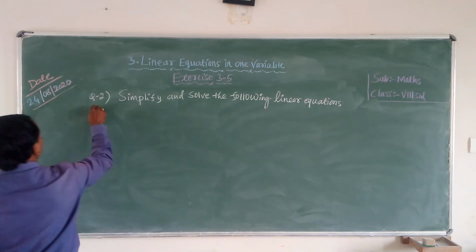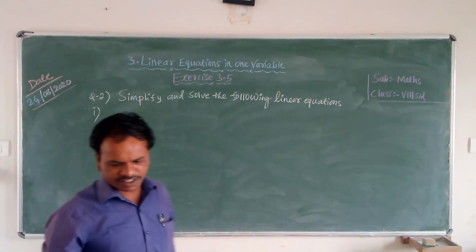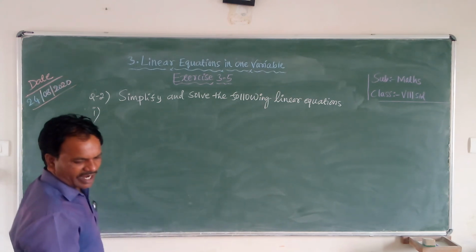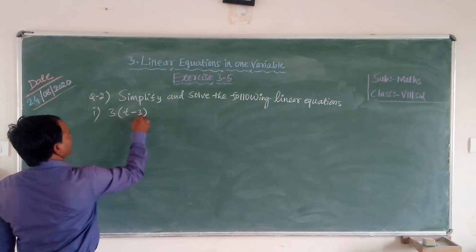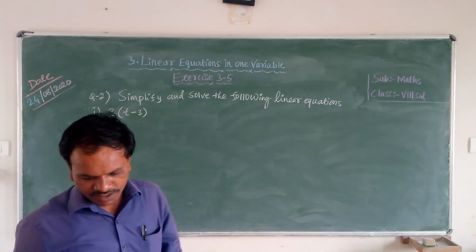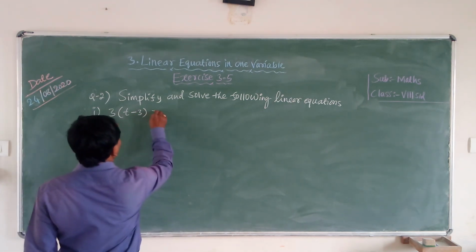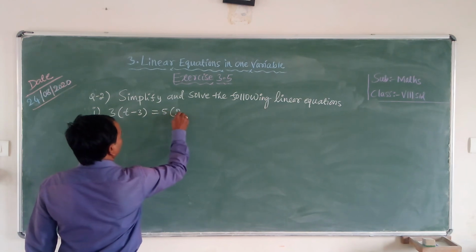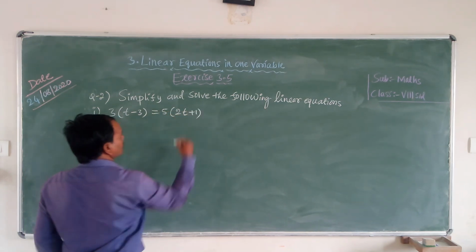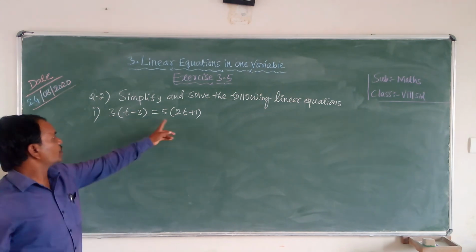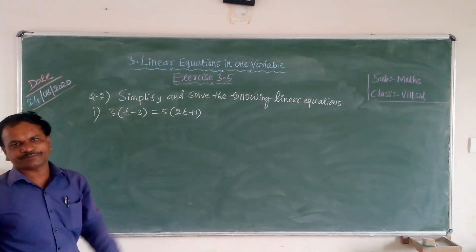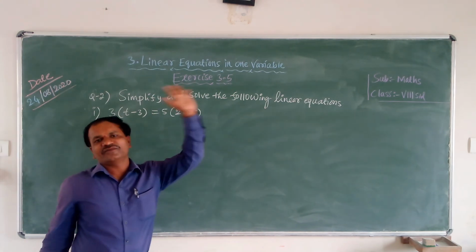The first one is: 3 into the bracket t minus 3 is equal to 5 into the bracket 2t plus 1. Simplify and solve the following linear equation.